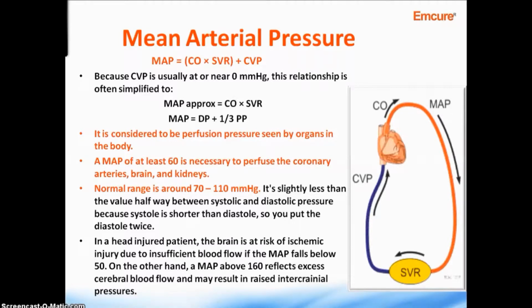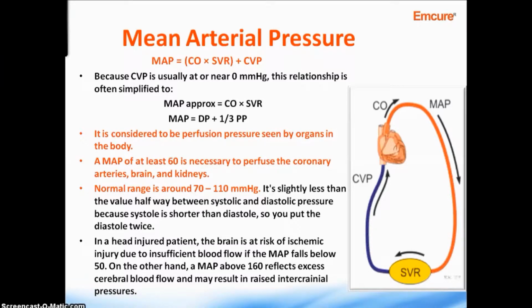Right? No, but this is not the way we calculate it. We calculate mean arterial pressure as 80 plus 40 divided by 3. When you divide 40 by 3, it comes to approximately 13. So the mean arterial pressure is 80 plus 13, and that's equivalent to 93 millimeters of mercury.